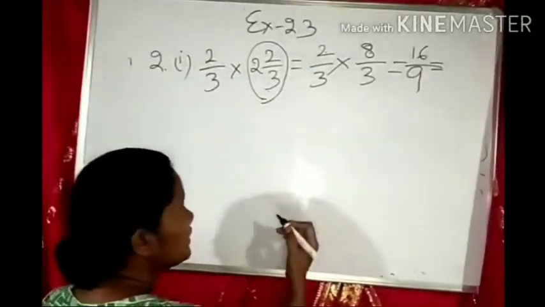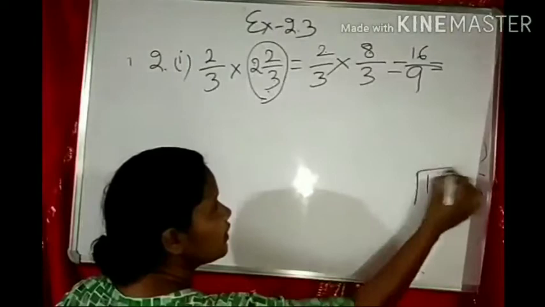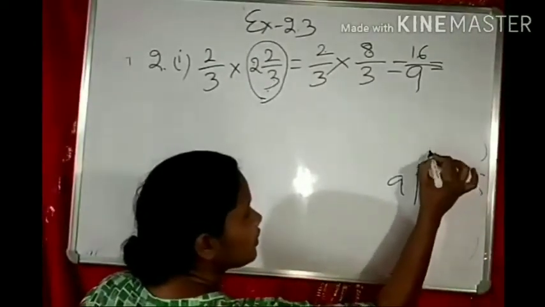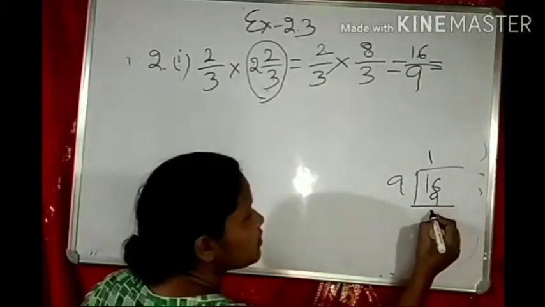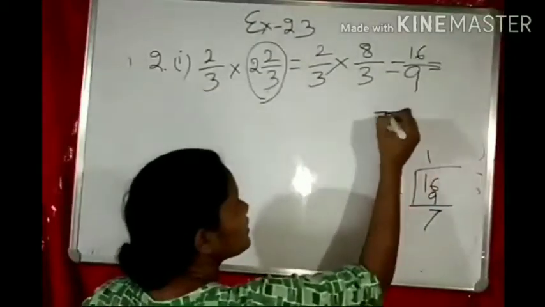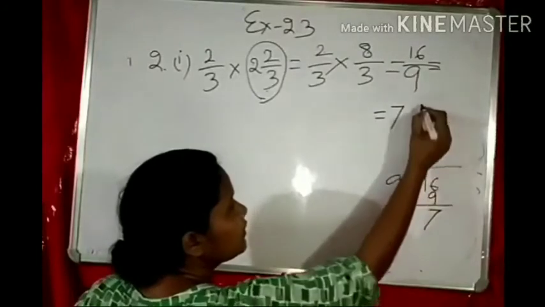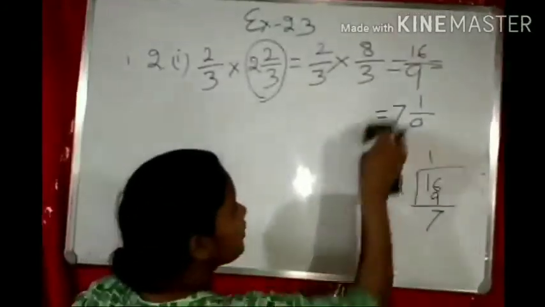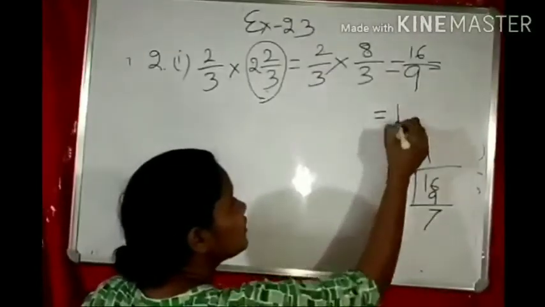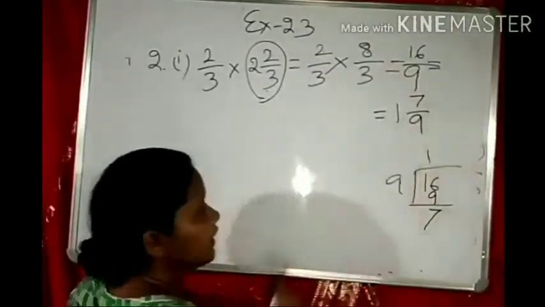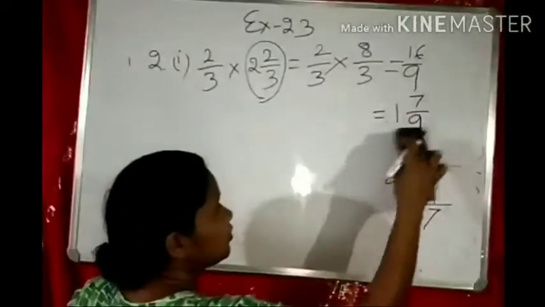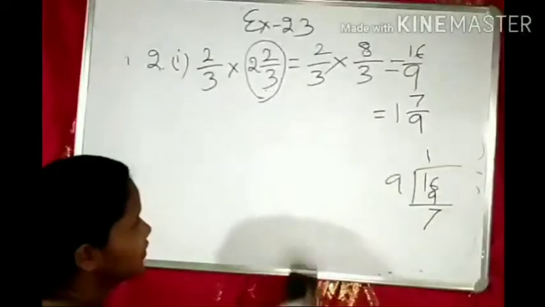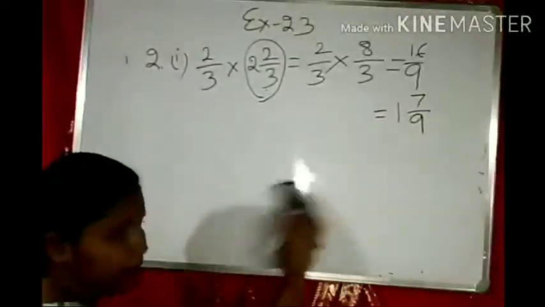You can write it as a mixed fraction: 9 ones are 9, remainder 7. So the answer is 1 and 7 by 9. Here 1 is the quotient, 7 is the remainder and 9 is the divisor. So this is the answer of bit 1.